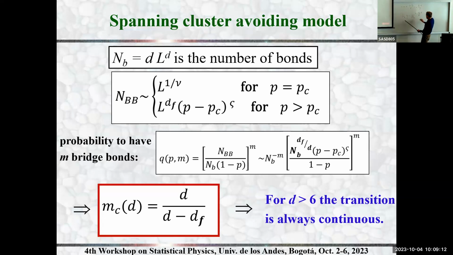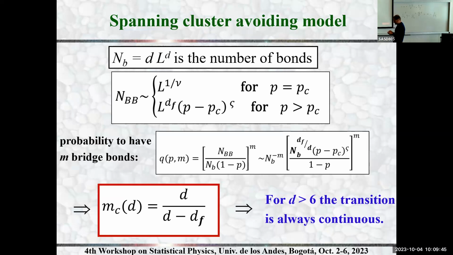Yeah? And that means that at the end of the day, this is like 1. Yeah? Put this on the other side. The critical m equals d over d minus df. So this is a way to directly obtain now this relation that I have numerically obtained of how the critical number of bonds depends on the dimension of the system.